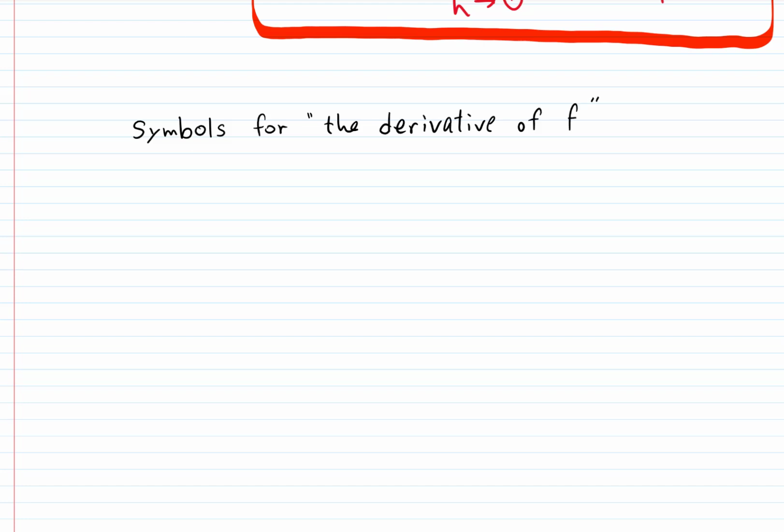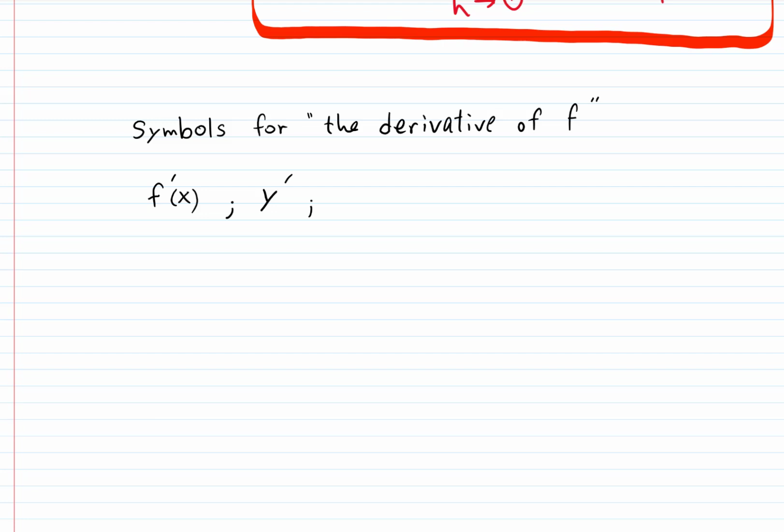The one that I used was f prime of x. You might sometimes see y prime. Well, that makes sense, doesn't it? Because f of x and y are the same thing. So f prime of x should be the same thing as y prime. So that's pretty straightforward.